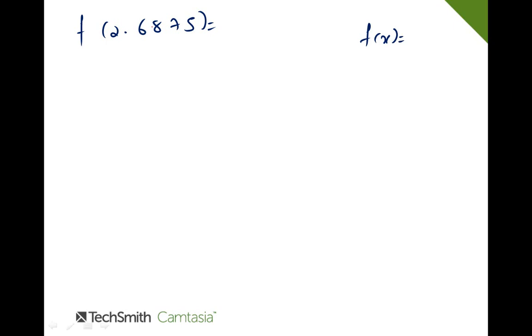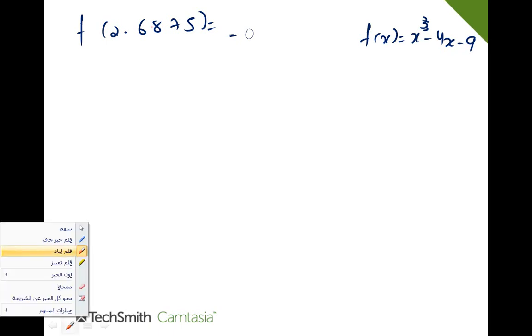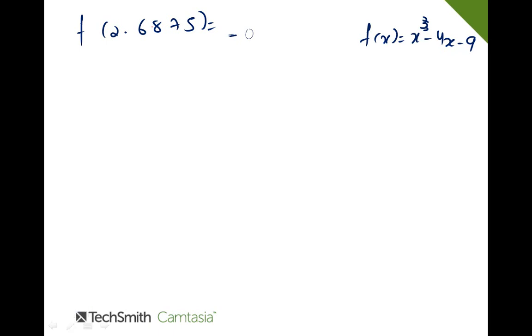I'm going to replace it in this equation. Don't forget that we have f of x equals x cubed minus 4x minus 9. Please replace this number in this equation instead of each and every x, and my answer is going to be negative 0.3391.